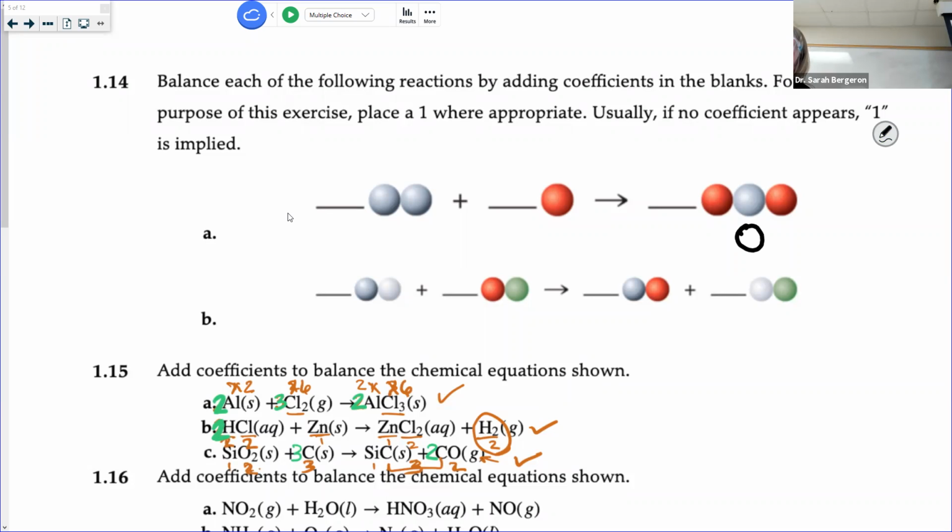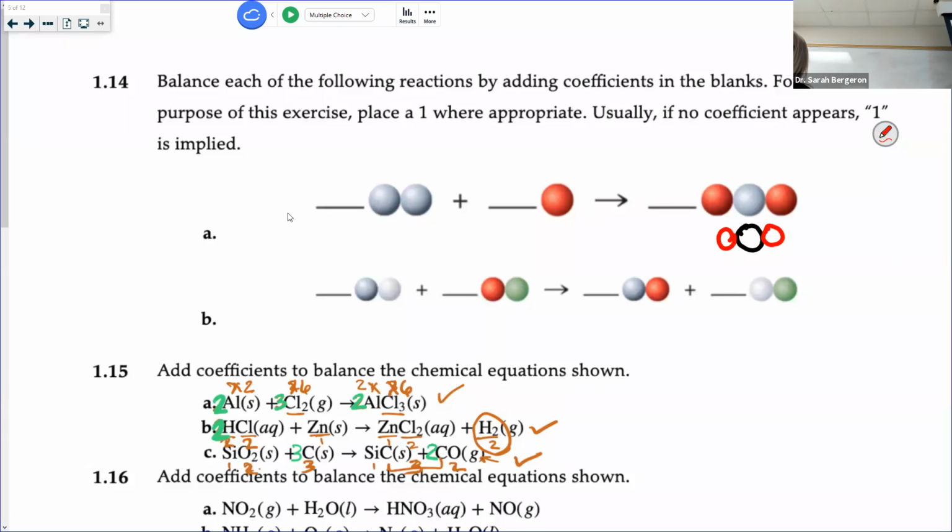I can't just do that, right? I have to make more of the whole thing that's there. So this compound that I'm looking at is a silver atom and what? 2 red atoms, right? So that I can do. That's allowed. So now I have equal numbers of grays on the left and the right.